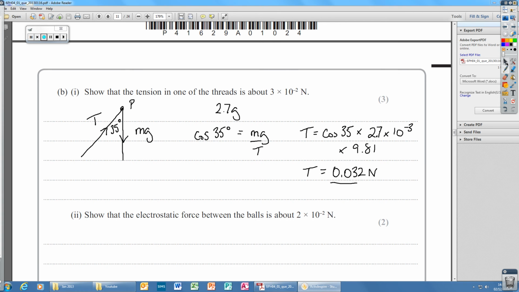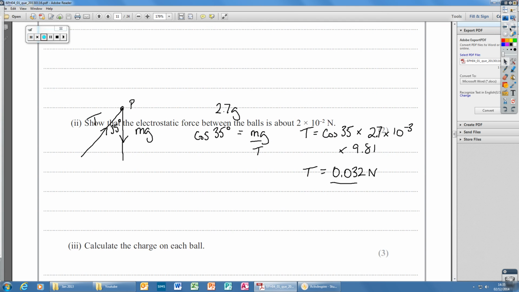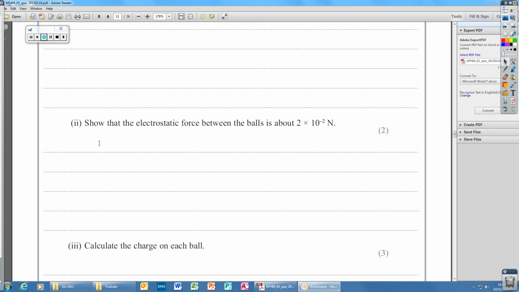Okay, moving down to the next part of the question. Again, let's get rid of that. Show that the electrostatic force between the balls is about 2 times 10 to the minus 2 newtons. When I first tried to do this, I thought maybe I should use Coulomb's law.